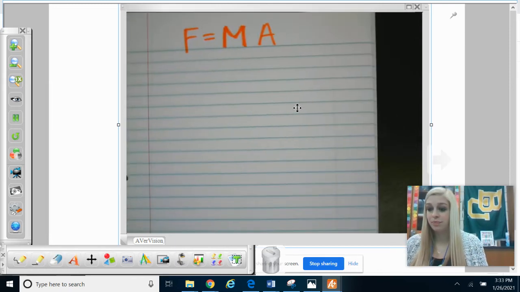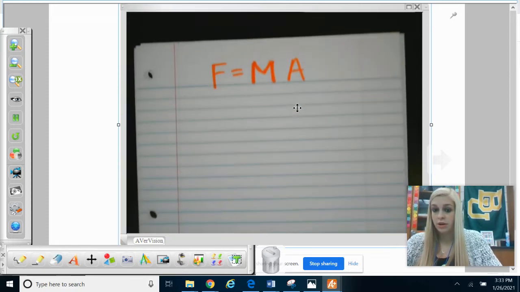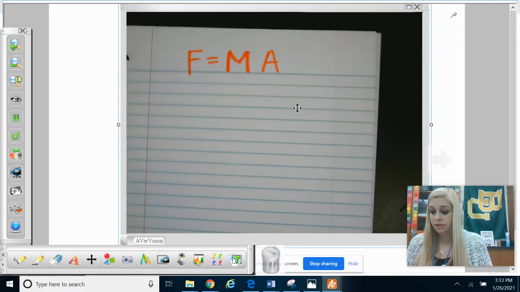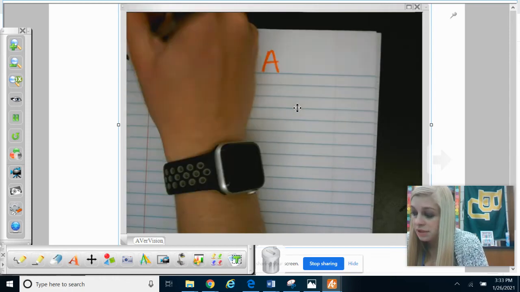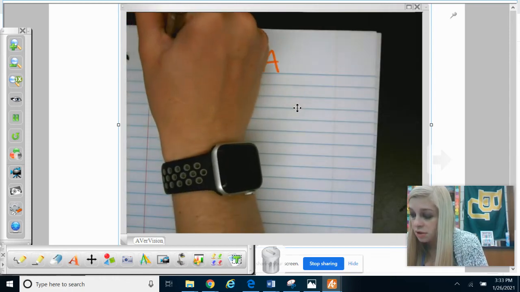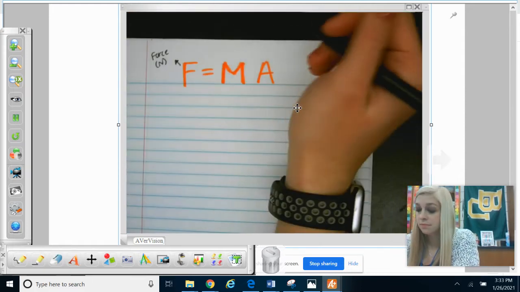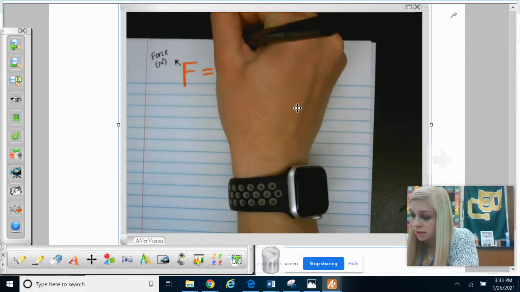All right, so there you go. Let's start by labeling what each of these letters means, even though I'm pretty sure y'all know. The F stands for force. We measure force in newtons. The M stands for mass.